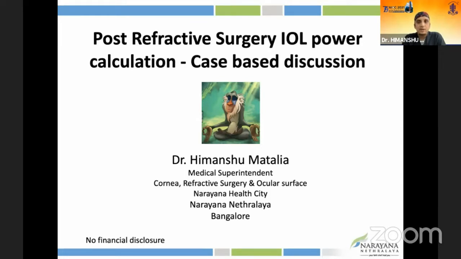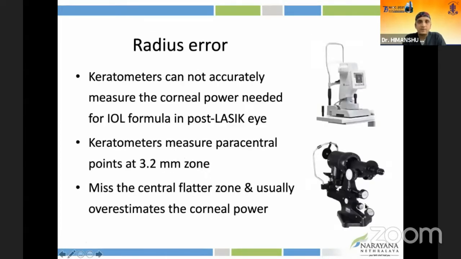power calculation. Now, earlier, whenever we had a post-LASIK, post-RK or post-PRK patient, we knew that the relationship between the anterior and posterior surface is deranged in cases where you flatten the anterior surface, like LASIK or PRK, whereas in RK the relationship between the anterior and posterior surface is still maintained.